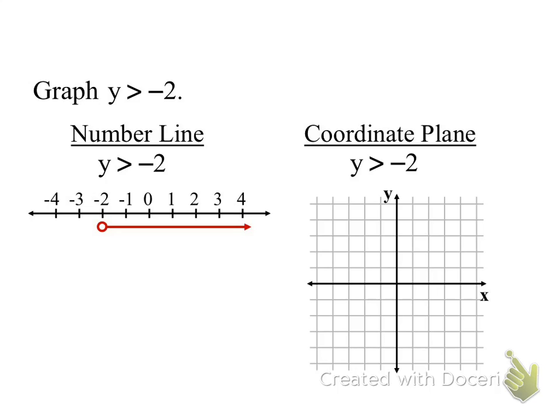This time, we're setting y as -2, because y is the constant. And my x is anything. 0, -2, 0 across, down 2, 1 across, down 2, 2 across, down 2.